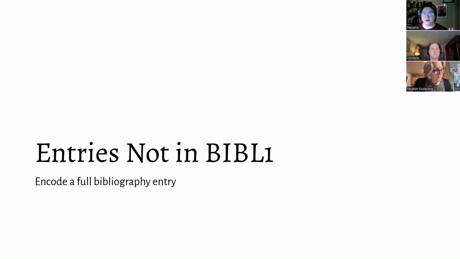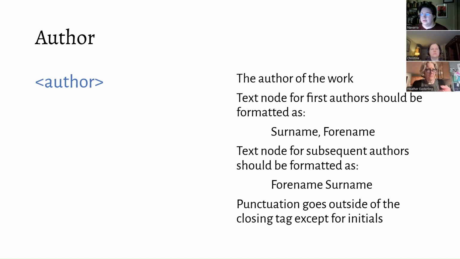For entries that are not in bibl1, that kind of more niche book that you're citing, you can encode the full bibliography entry, and it just makes it a little bit easier for the LEMDO team to get your stuff all ready to go. So there are a few elements that you're going to be looking at when you're encoding a bibliography.